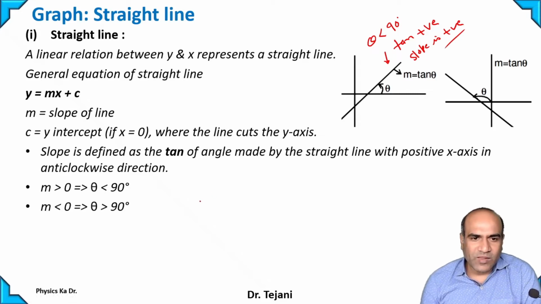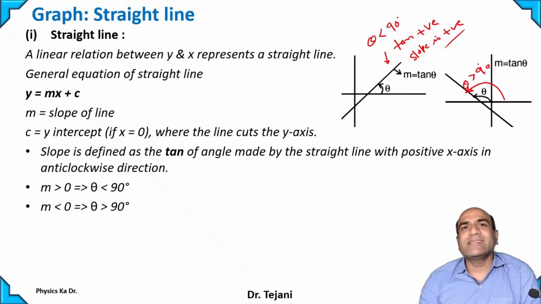And in this second case, theta is definitely greater than 90 degrees. So in this case, tan theta becomes a negative value.